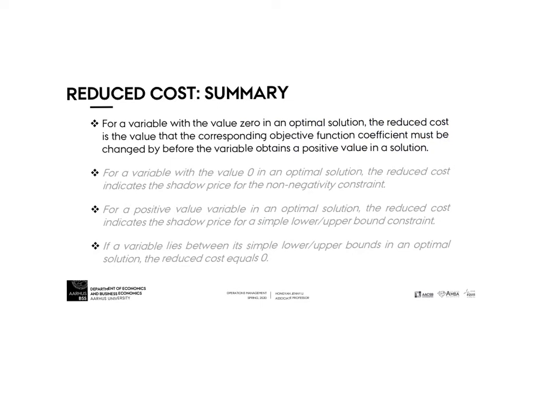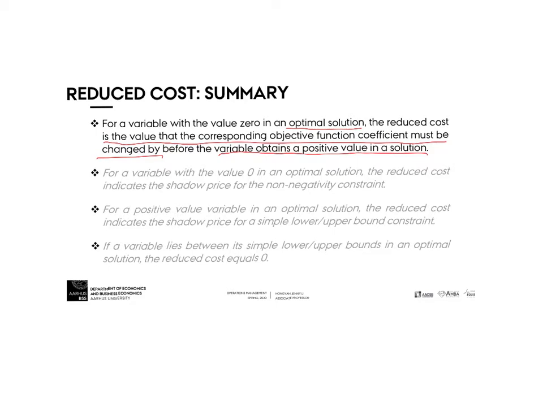Now we take a summary for the reduced cost. The first one is what we tried to explain. For a variable with the value 0 in the optimal solution, the reduced cost is the value by which the corresponding objective function coefficient must be changed before the variable obtains a positive value in a solution.